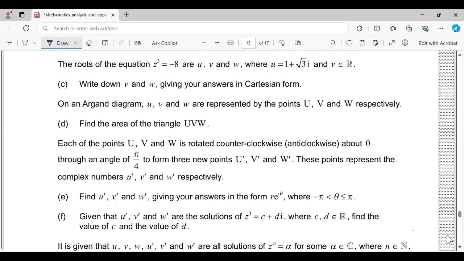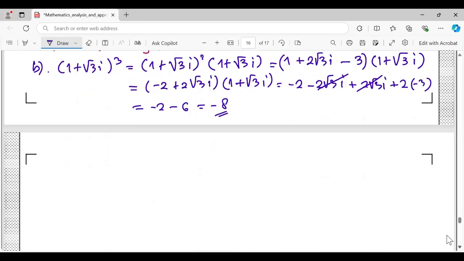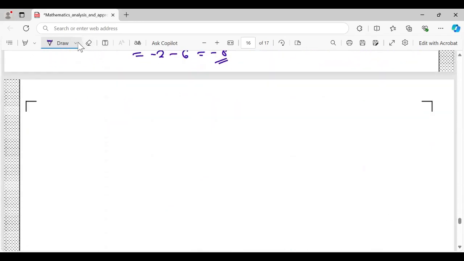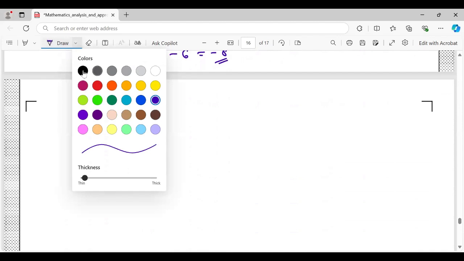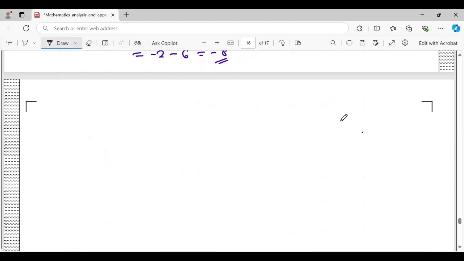Okay, z cubed equals minus 8, so it means z cubed plus 8 equals 0.